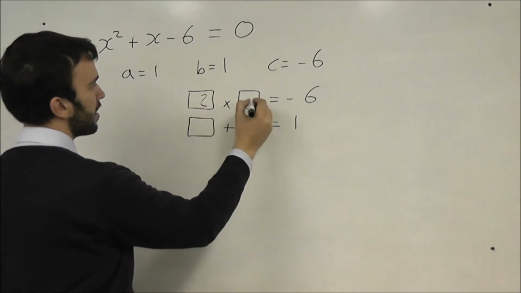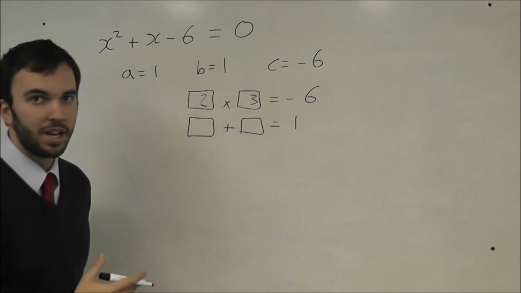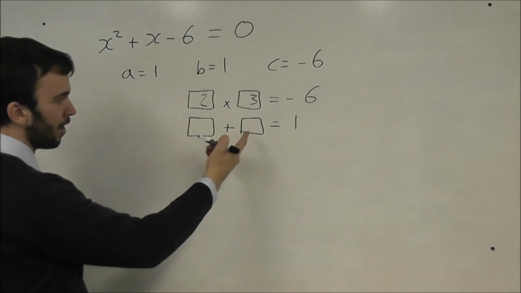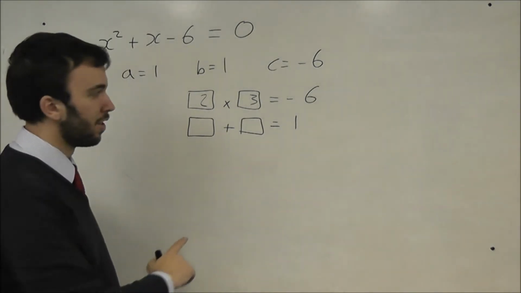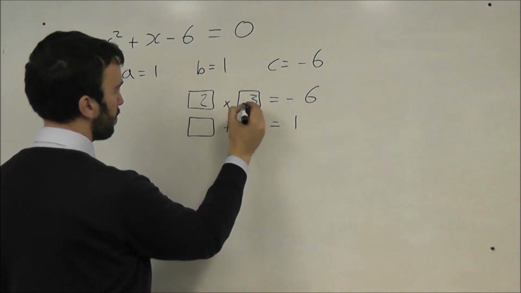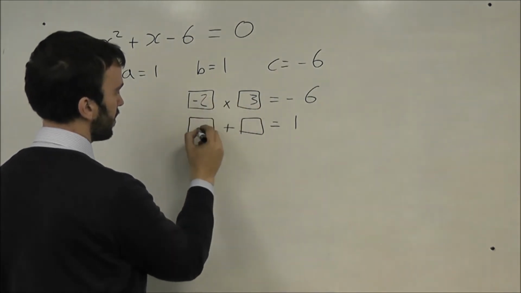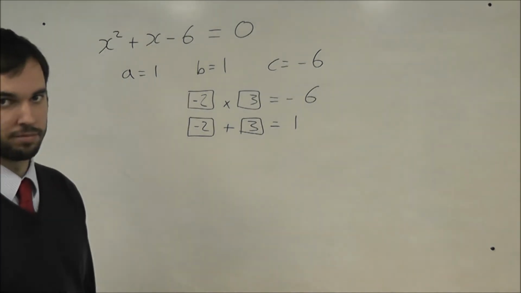But then I notice it's not 6, it's negative 6, so one of them is going to need to be negative. And then I look down here and think if I've got positive 3 and negative 2, that gives me a difference of 1. So positive 3, negative 2. So the same numbers are going to sum to 1.